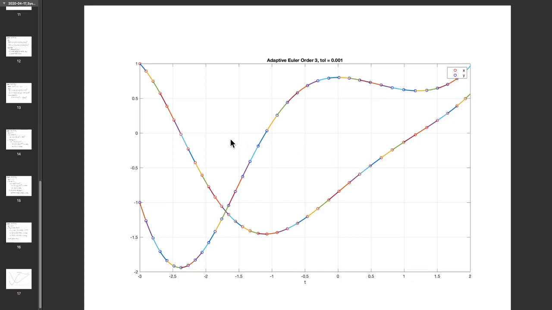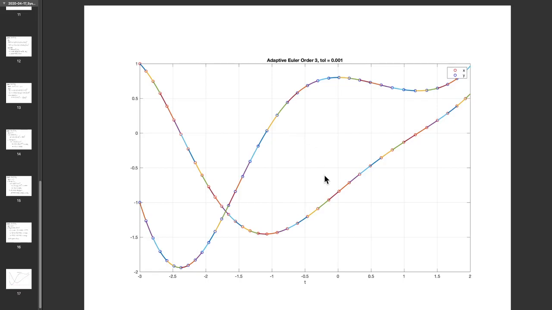So in other words, by going from order 2 to order 3, the step size on average increased by a factor of 3. We're able to get the same local accuracy with a lot larger step sizes, and that's because we're using a more accurate Taylor polynomial of order 3 here.